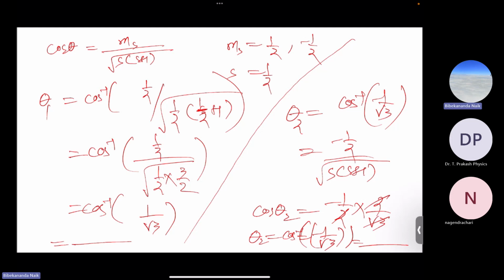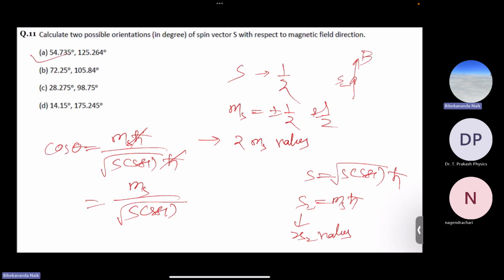One value will be 54.735 degrees. Another value will be 180 minus 54.735, which is 125.265. So these are the two values, and from the options, the correct option is option A.